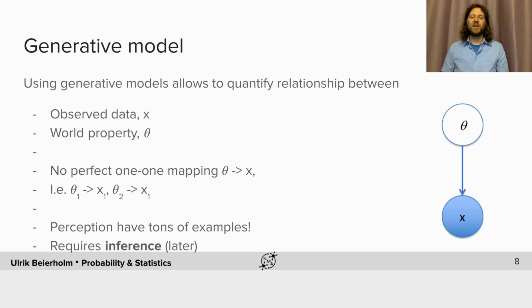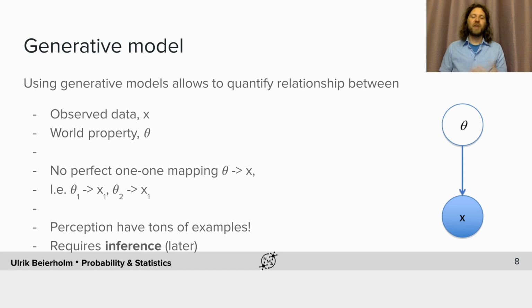That means you need to have some kind of models. You need to have a generative model that specifies the assumptions that you have about properties of the world, and then giving rise to different observed data that you see. So it allows you to quantify that relationship between the data and the world property. And the critical thing here is that it's not a perfect one-to-one mapping.